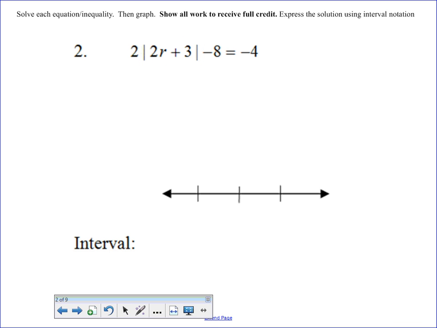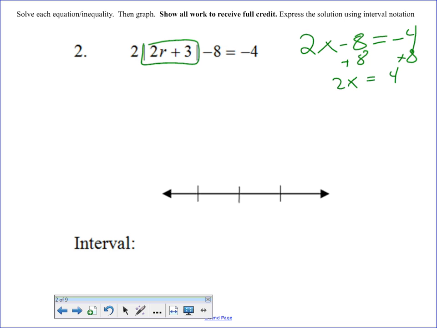So the trick I always show is to think of all of this as one thing, like say 2x minus 8 equals negative 4. Well, what would we do? The first thing we'd do is add 8 to both sides. Then we divide both sides by 2. And we're going to do the same thing here.